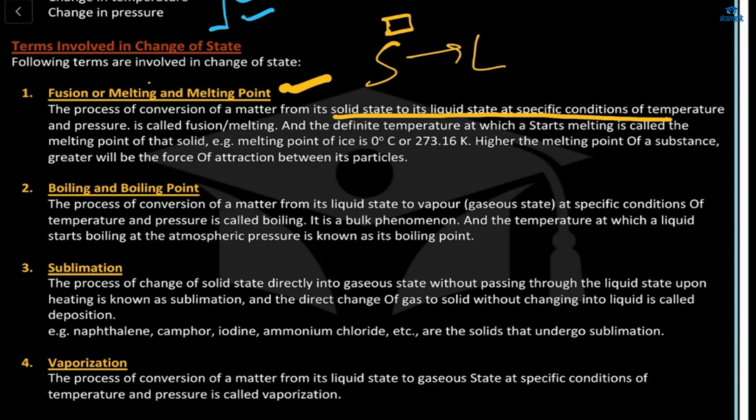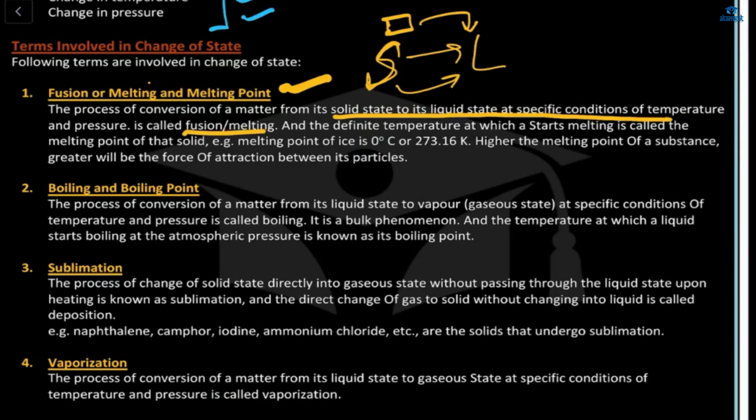If we keep that ice at room temperature, obviously it will melt, and the state changes: firstly the ice was in solid state, and now it converts into a liquid state. So this is known as fusion or melting.